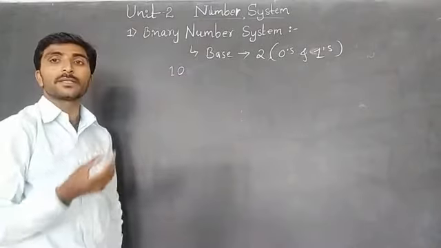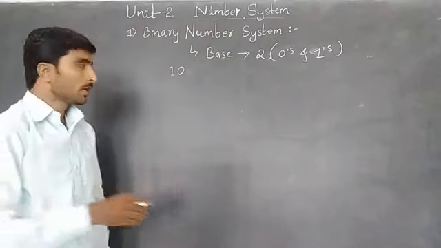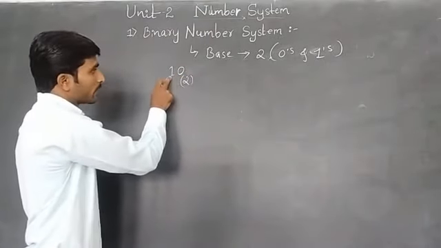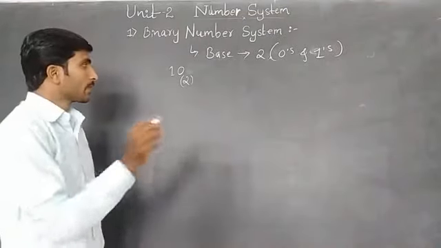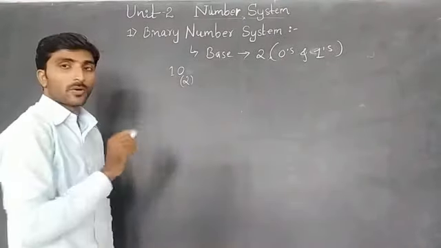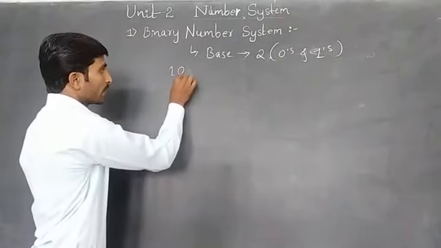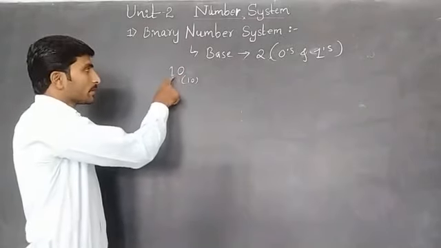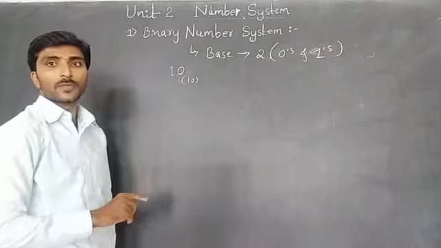So we can identify whether this is decimal or binary only with the help of the base. When people write 2 as the base, that is called a binary number. Then we say 1 0, not 10. 1 and 0. Some people write 10 like this, then we can say this is 10 because this is decimal, according to position.